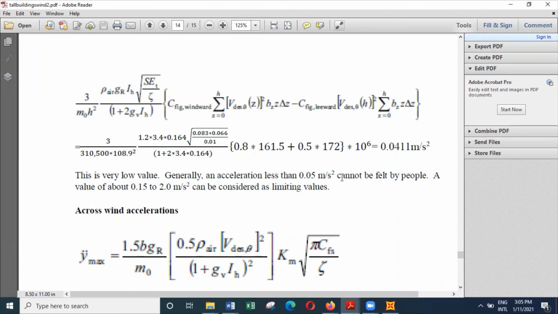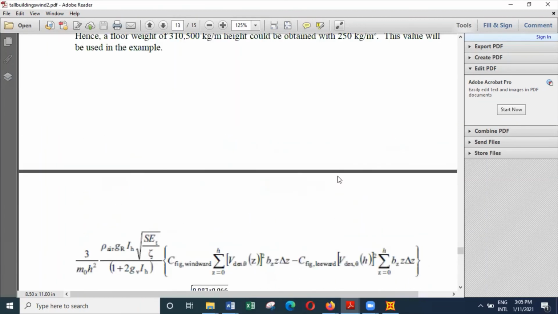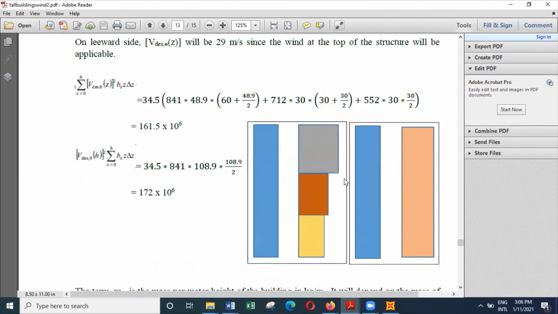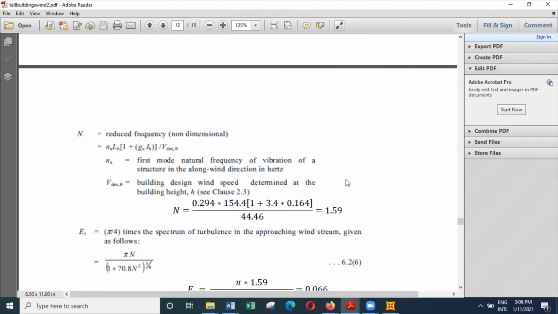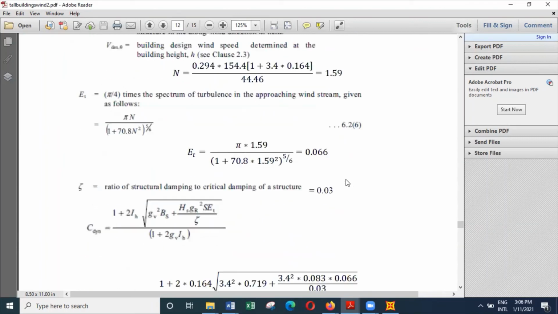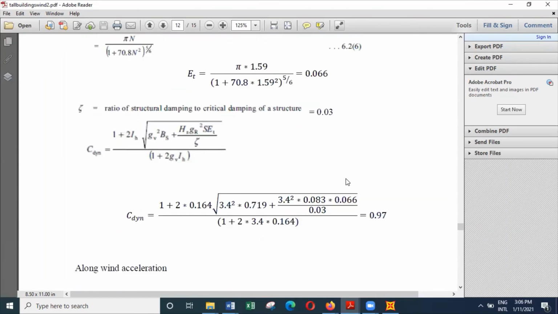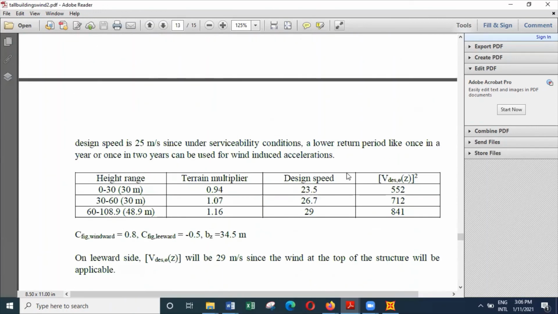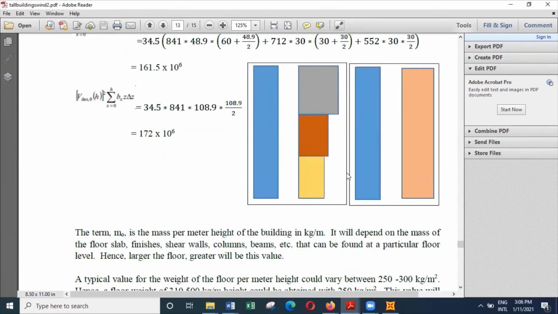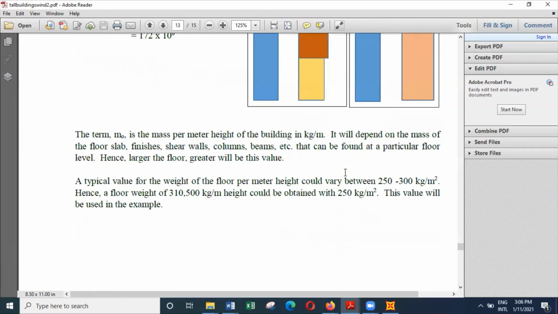So basically, this is the way that we calculate the along-wind acceleration. So first we calculate these parameters in the along-wind direction for the wind speed that is applicable to us. And that is the mistake that I have done, because I have not calculated those values.